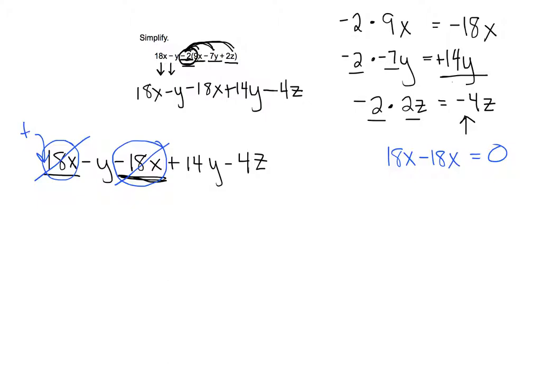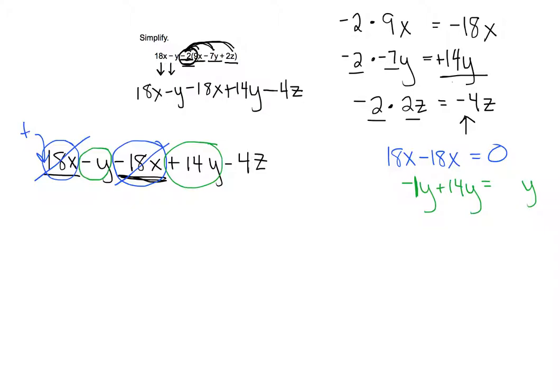Now I'll look at the y term. So I have a -y, we always take the sign with it, and I have a positive 14y, so that's a plus 14y, and I'm going to combine those terms. To do that, we keep the y, and then the negative y is really a negative 1y. There's an imaginary 1 here.